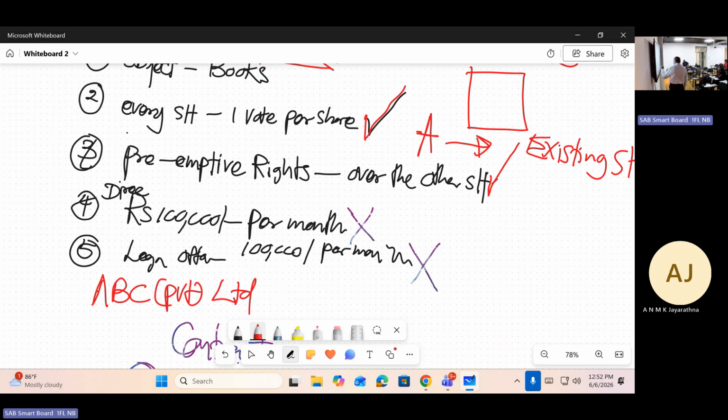Then, Mr. Pereira became a director of the company. He was appointed as a director of the company.